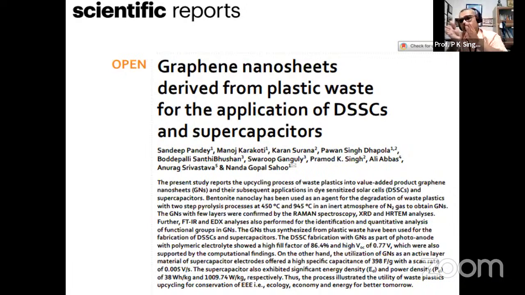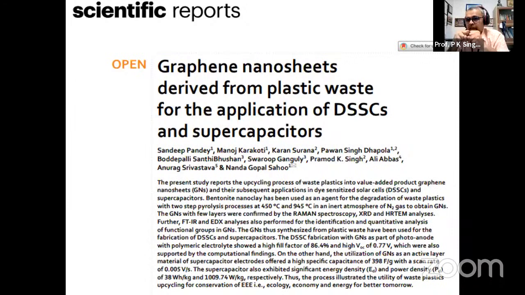In the dye-sensitized solar cell, we derived this carbon waste material and put it on the counter electrode. In EDLC, we put our conducting carbon material as the current collector material.